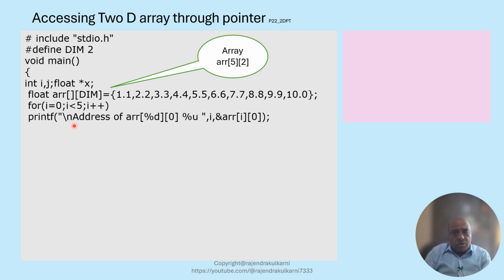So in effect what we have done is we have declared an array ARR with dimensions 5 and 2 and initialized it with the 10 float constants.